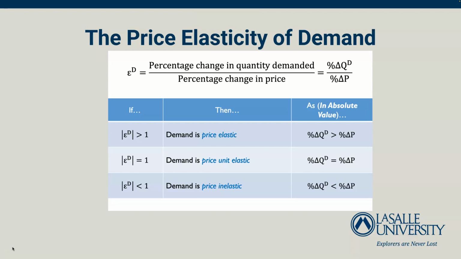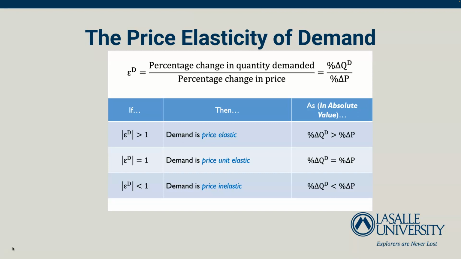So if the top is greater than the bottom in absolute value, the demand is price elastic. We have a 10% increase in price. We might have a 20% decline in quantity demanded, and that means that in absolute value, the top is going to be greater than the bottom. That ratio will be greater than 1, and we say that the consumers are quite sensitive or responsive to change in prices.